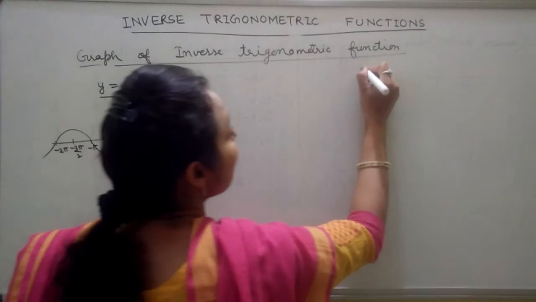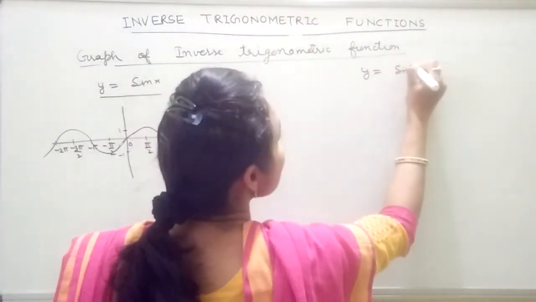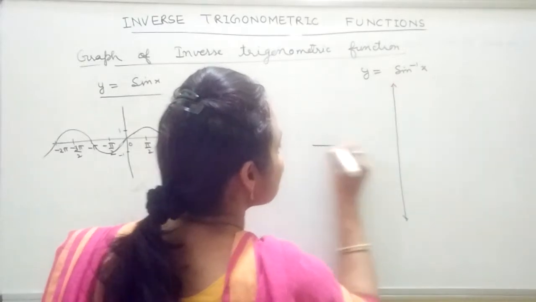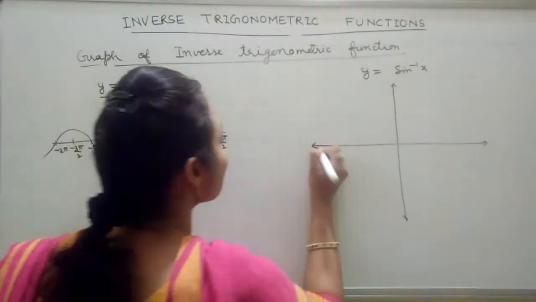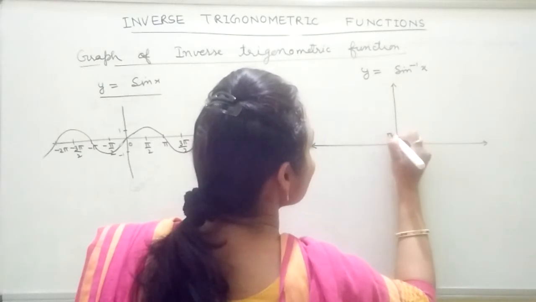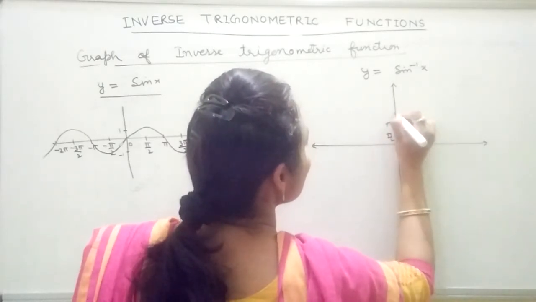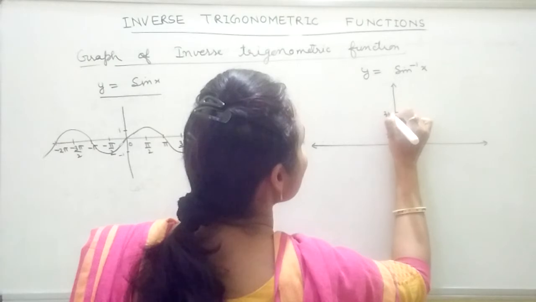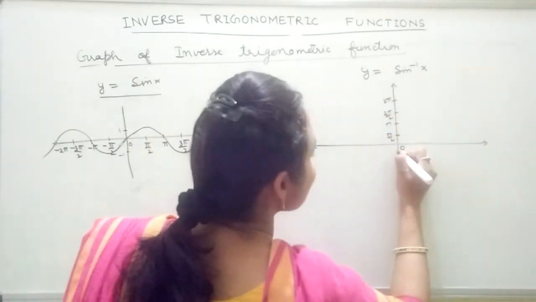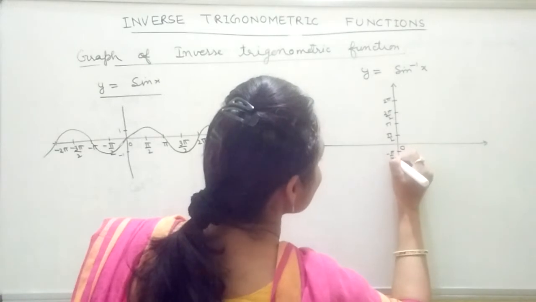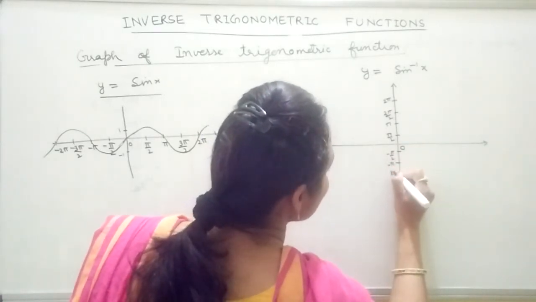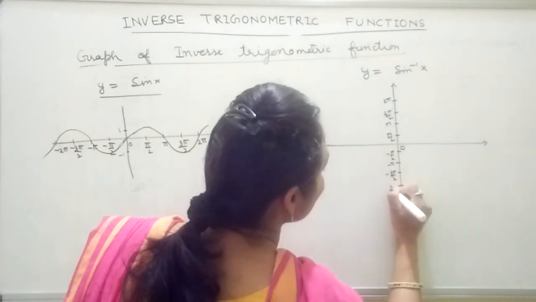If I want to make y equals sin inverse x, the values will change. The axes are interchanged: y is converted into x and x is converted into y. So we have 0, pi by 2, pi, 3 pi by 2, then 2 pi. Here we have minus pi by 2, minus pi, minus 3 pi by 2, and minus 2 pi.